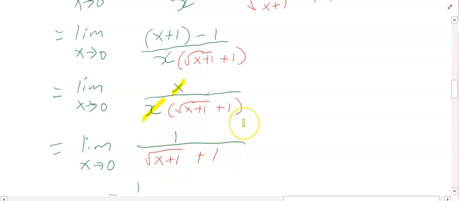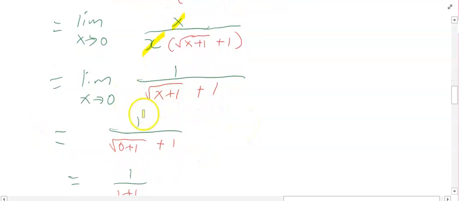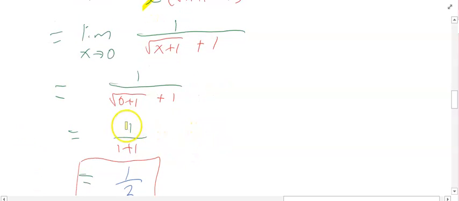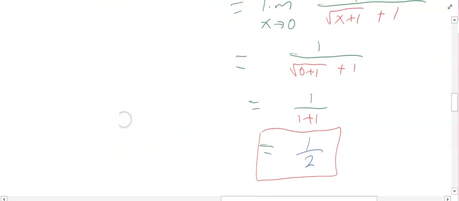Now we can directly substitute 0 for x, so we get 1 over radical 0 plus 1 plus 1, and so that will be equal to 1 over 1 plus 1, which is equal to 1/2, and that is our answer. We are done.